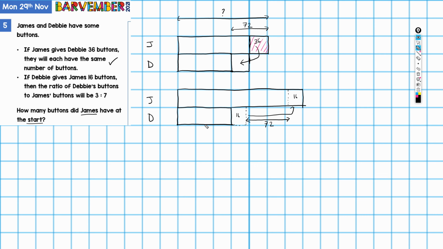Now, the reason we like this scenario is we have equal parts, don't we? We know that all of these parts are equal. And you'll get very excited about these equal parts when we're drawing bar models.